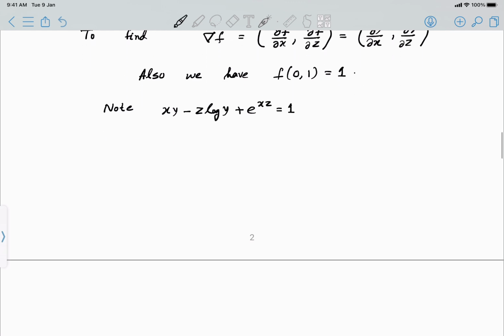So this we can differentiate with respect to x.